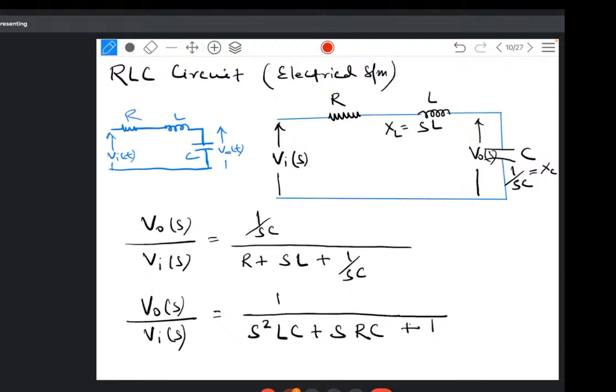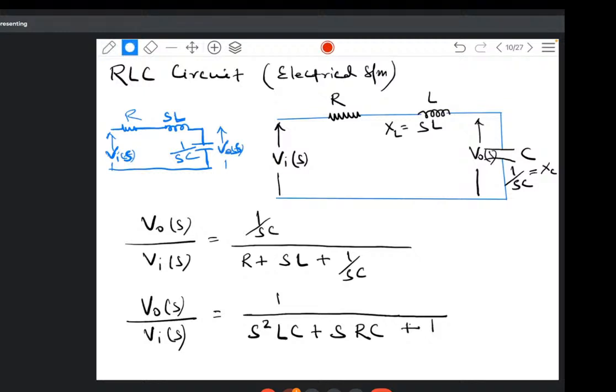I know that the inductance in the frequency domain is represented as j omega L or S into L. The capacitance in the frequency domain is represented as 1 by j omega C or 1 by SC. This V0 T will become V0 S. This VIT will become VIS.